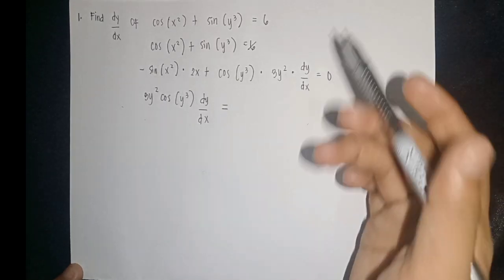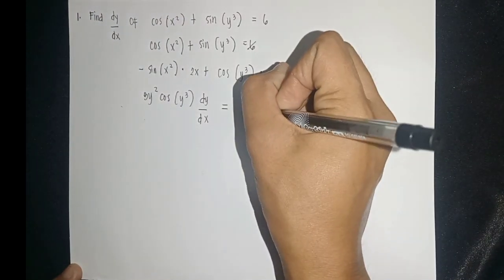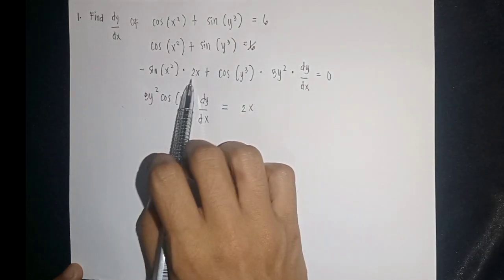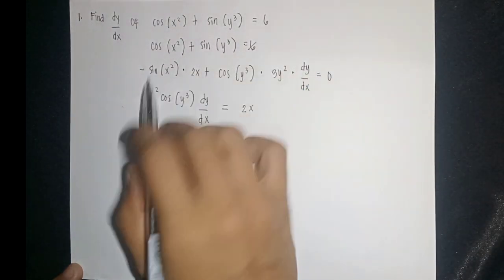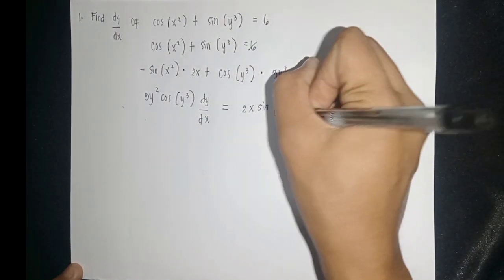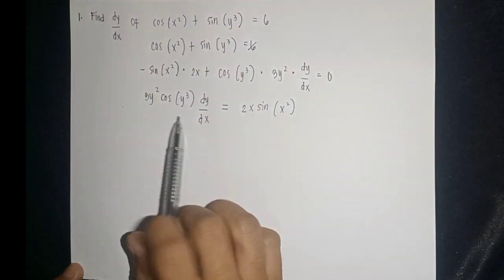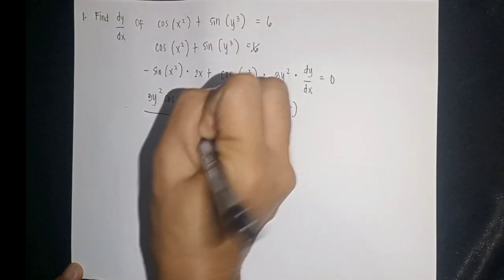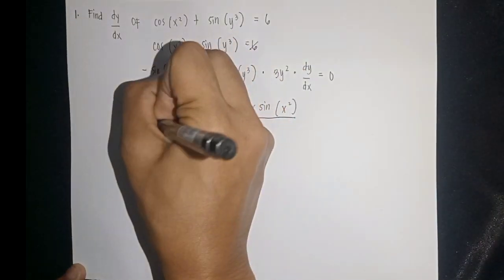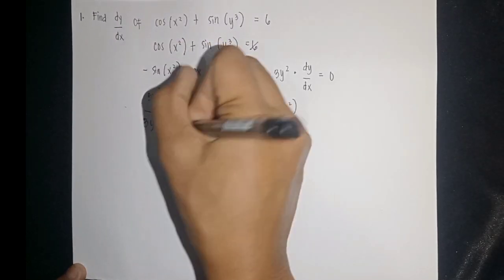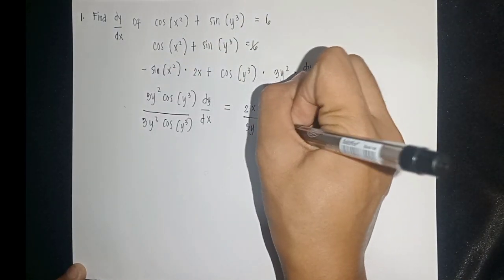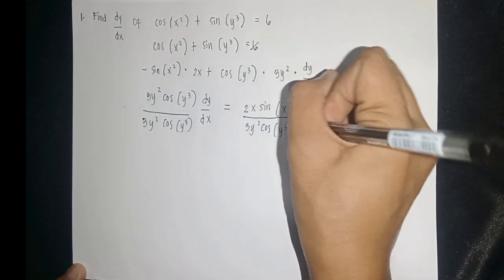The sign will become positive, so 2x times the negative sine x squared becomes positive sine x squared, over 3y squared cos y cubed on the right side and on the left side, for us to cancel out the common functions.